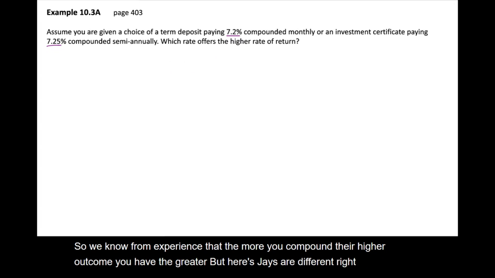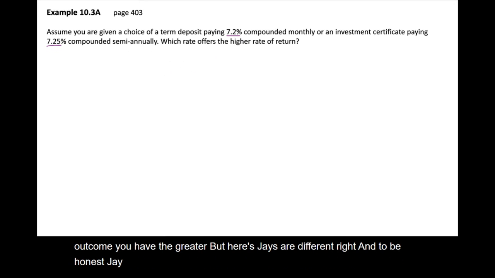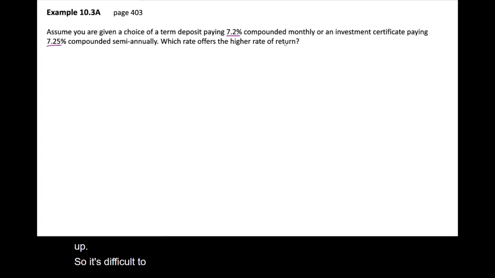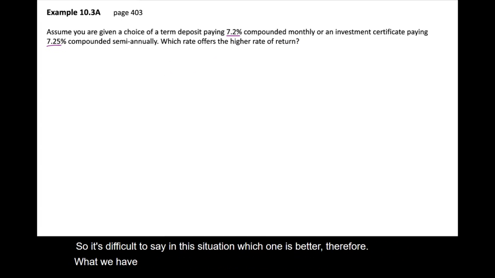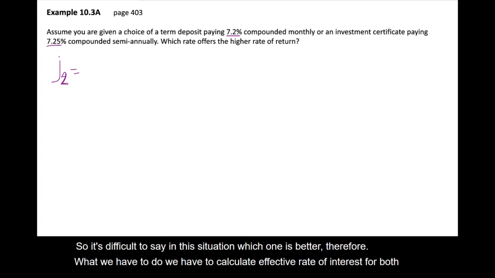And to be honest, the nominal rate of interest plays a major role in the interest amount. So it's difficult to say in this situation which one is better. Therefore, what we have to do is calculate the effective rate of interest for both and see what happens.